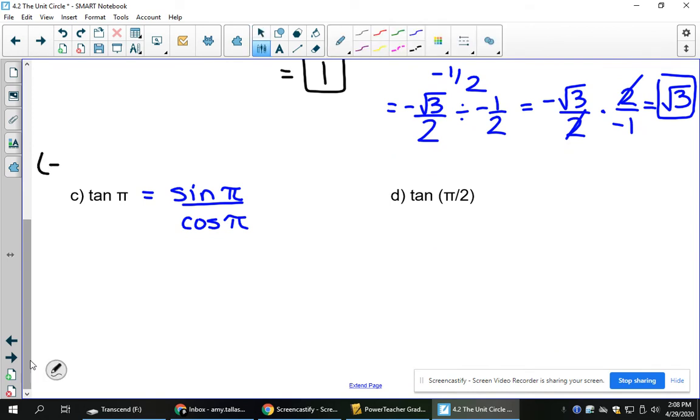So if I just write that over here, remember alphabetical order, cosine, sine. So if I fill this in, sine pi is the number 0, cosine pi is the number -1. Now you really need to think, is this something that we're allowed to do, 0 divided by -1?